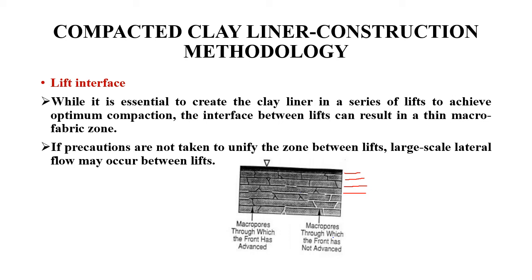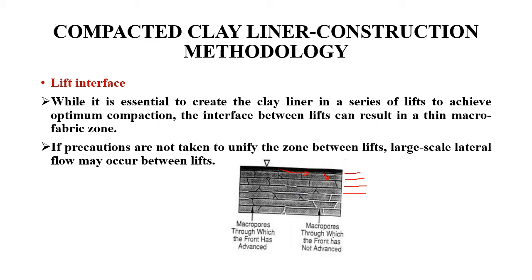So it will have cracks here, and leachate, as it passes through, can flow laterally also within the interface, and then pass through the cracks and fissures which have been formed in the lifts. Maybe due to drying, the cracks or fissures have been formed in the clay. In addition to that, if proper bonding is not achieved between two lifts, then the interface itself will become a preferential path for the leachate to have a lateral flow along the interface.